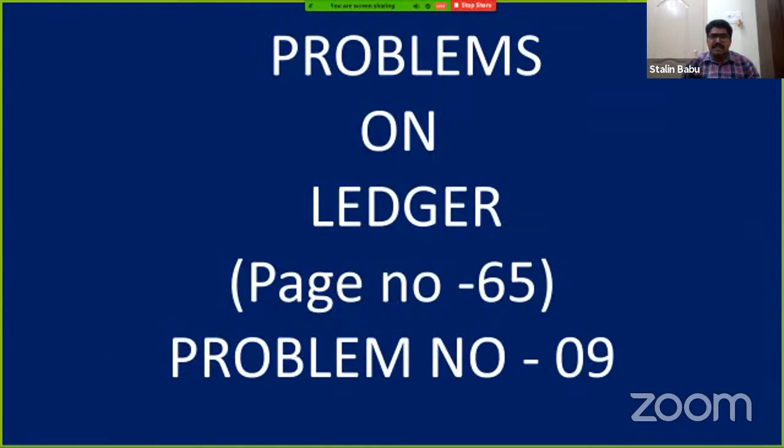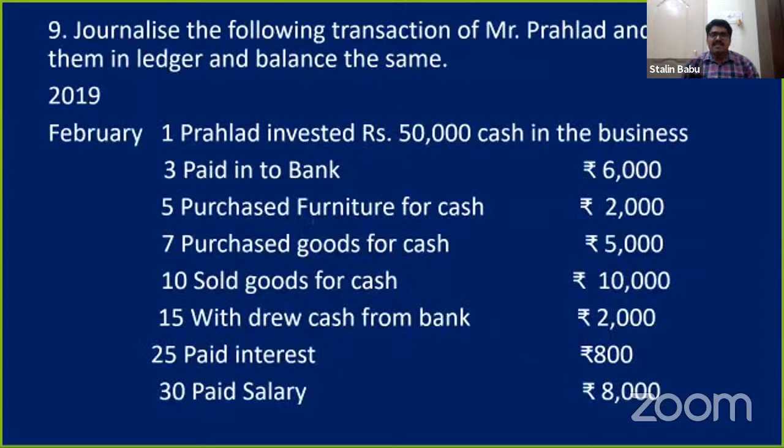So let us see one problem from your textbook. Problems on ledger. Dear students, turn to page number 65, problem number 9. Journalize the following transactions of Mr. Prahalad and post them in the ledger and balance the same. 2019 February 1st, Prahalad invested 50,000 cash in the business.